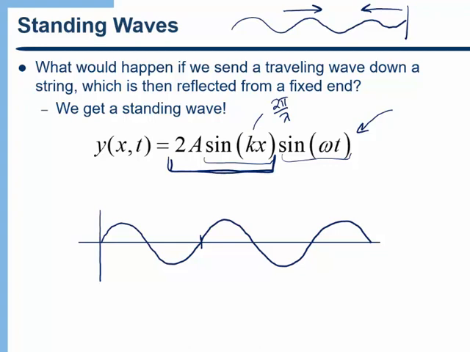In other words, that would be lambda, 2 lambda, etc. Okay, so that's what that would look like, and of course this would be 2a and negative 2a. Notice that this point and this point and this point and this point and this point are always going to be 0 because this part of the function is always 0 at those points.